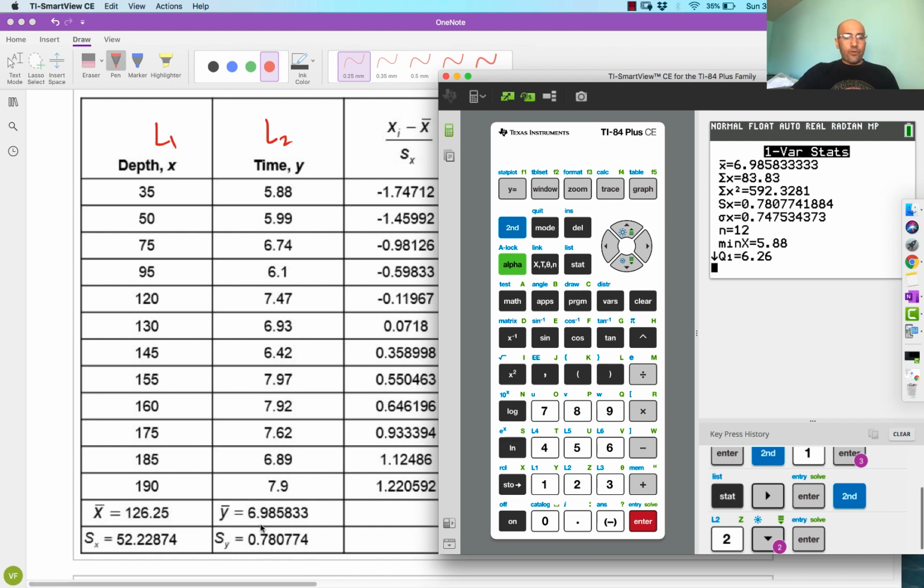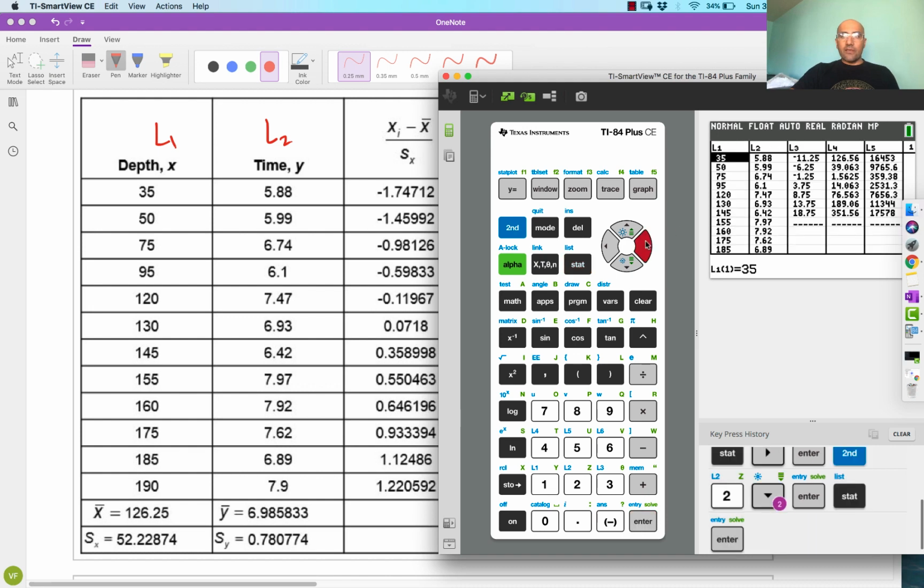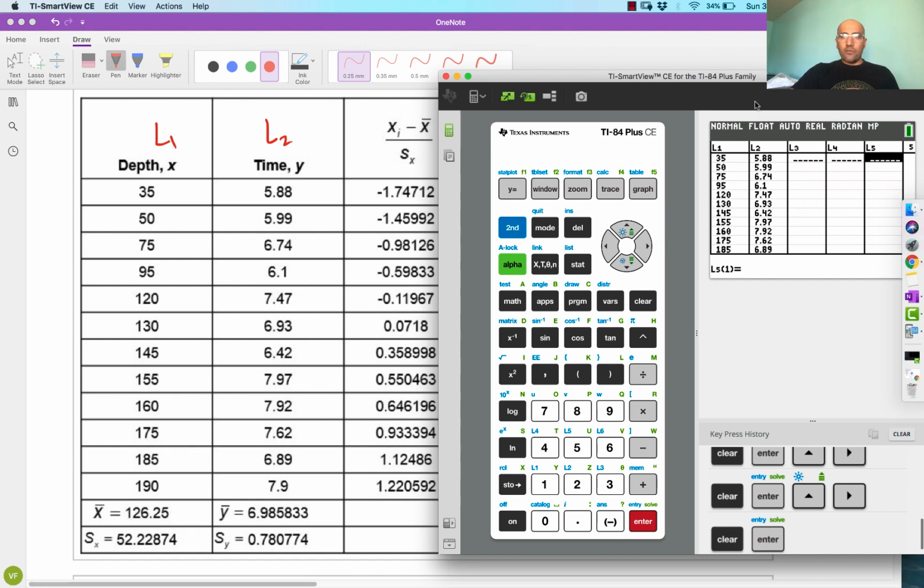Once we have those four values, we come over to our lists again. Hit stat, under edit hit enter, and we're going to use some of the other lists. I'm going to clear list 3, list 4, and finally list 5, so I'm starting with a clean slate.